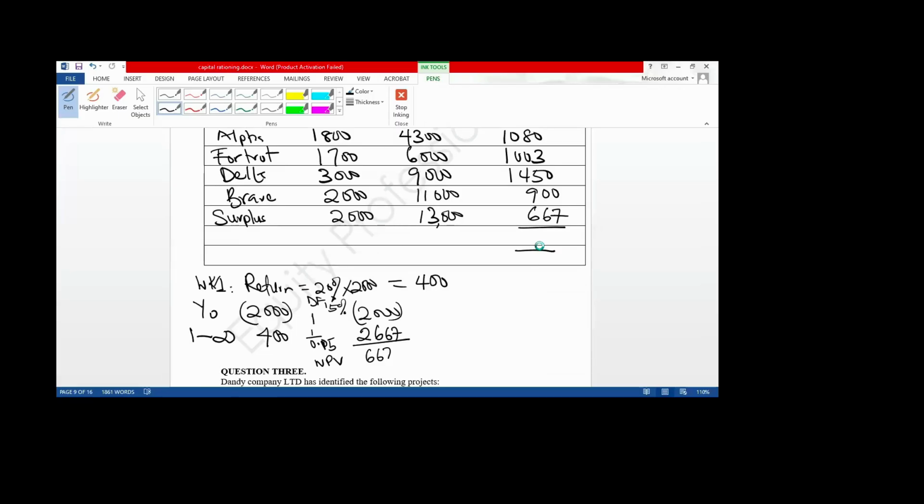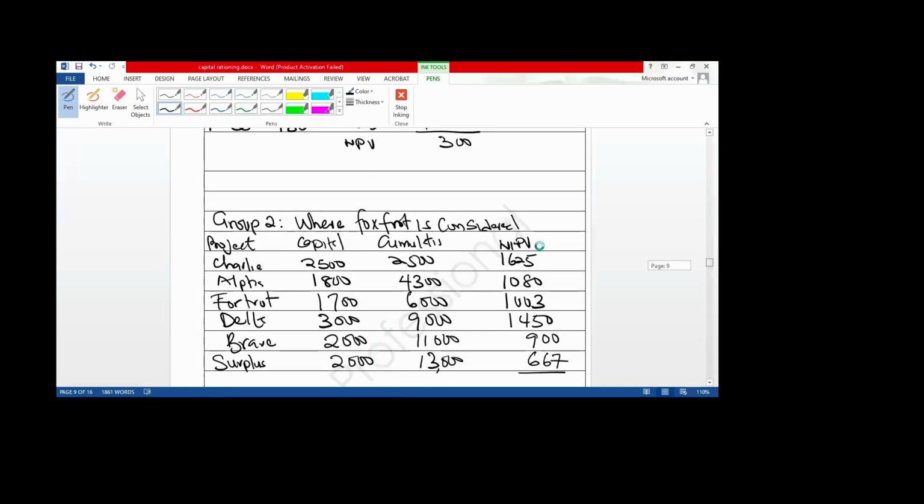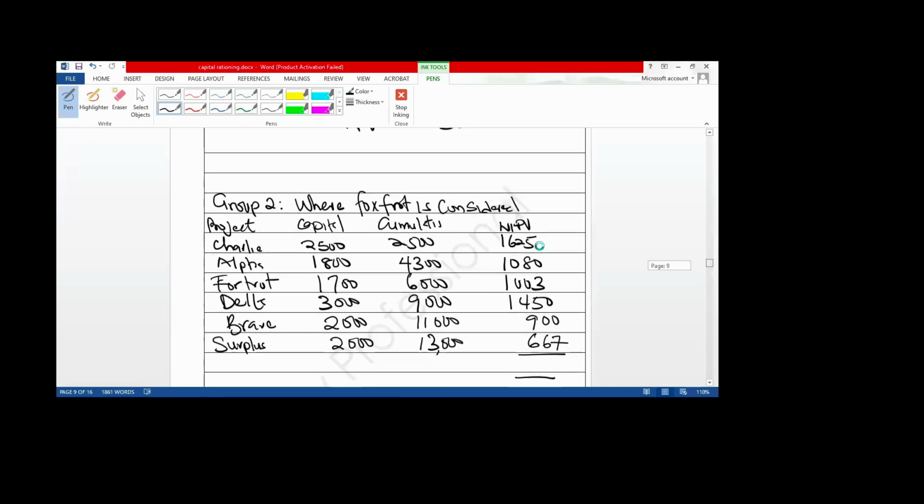Now sum up. 6,725. Now compare the two groups. Which of these will give us the higher NPV?